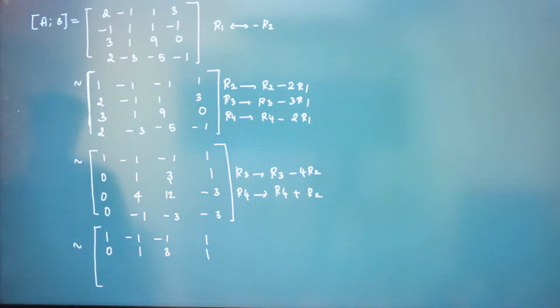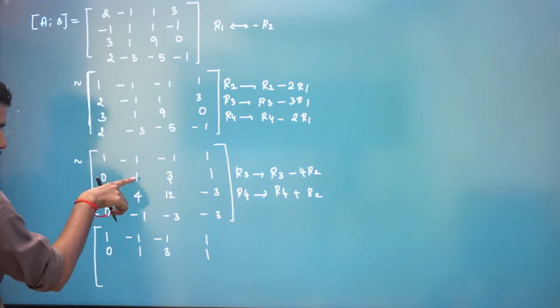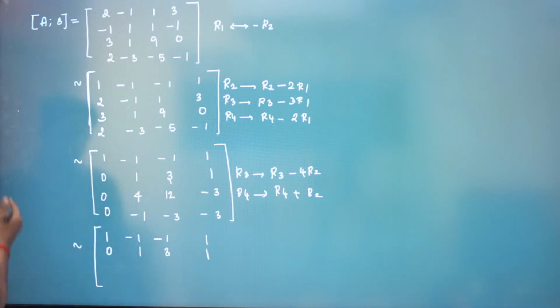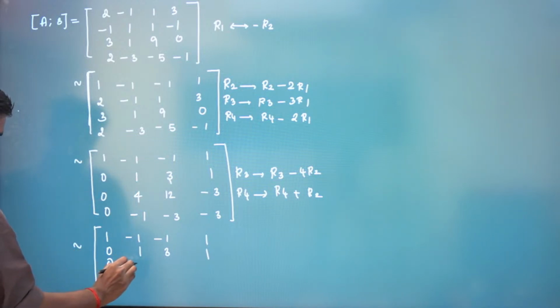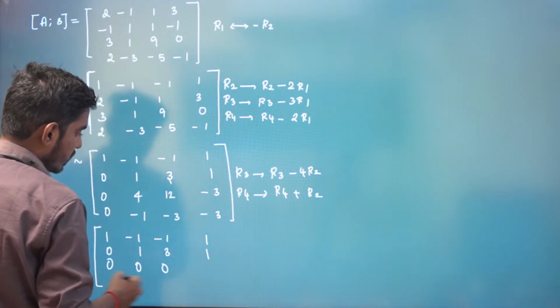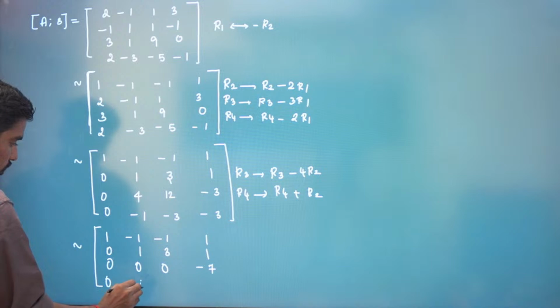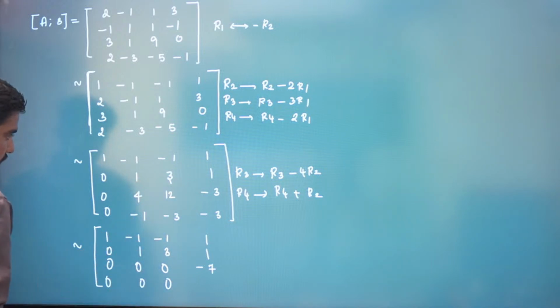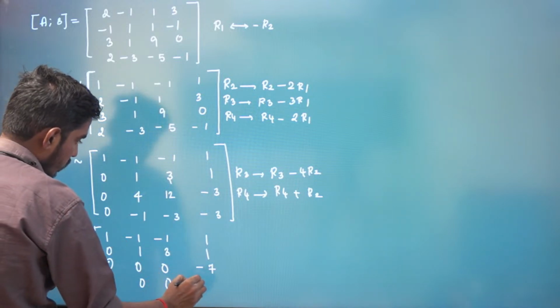You multiply 4 and then you subtract, so minus 3 minus 4. This will be minus 7, I think. R4 plus R2: 0 plus 0, minus 1 plus 0, minus 3 plus 3, minus 3 plus 1, which is minus 2.